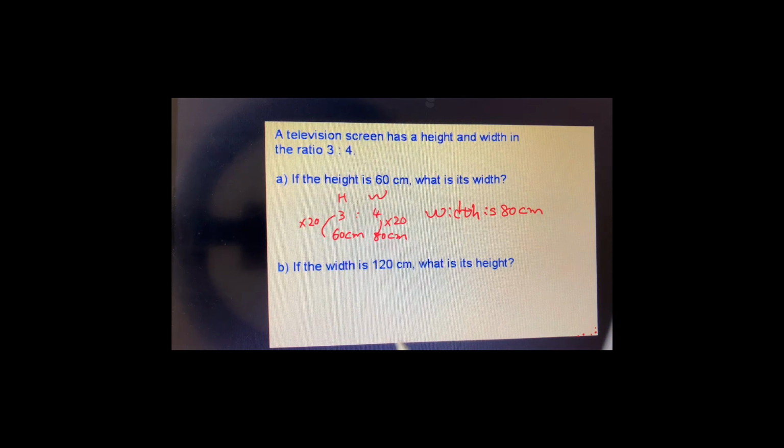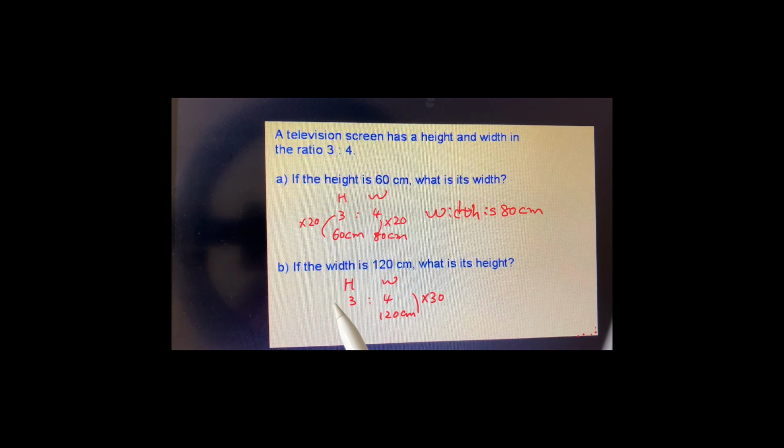Another part is the same. Height, width, ratio 3 to 4. So we know width is 120 centimeters. From 4 to get 120, I multiply by 30.